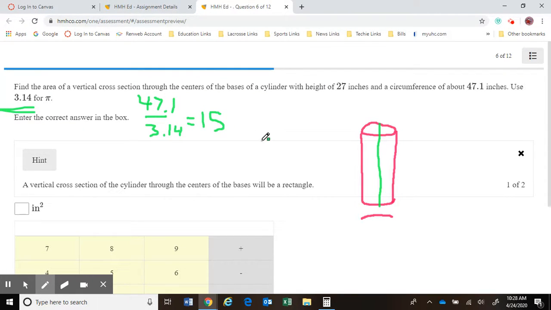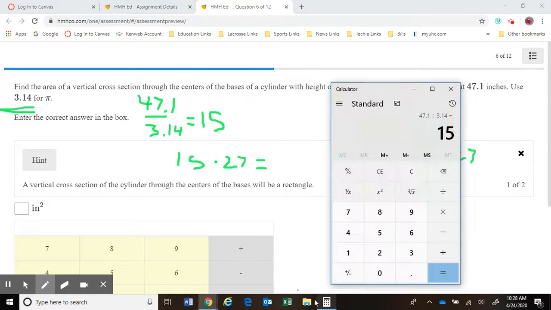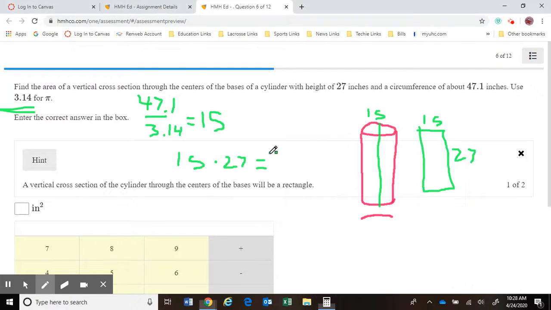So now I've got my two dimensions, 15 and 27. 15 is the bottom or the top. 15 is my rectangle, lovely rectangle. 15 is here, 27 here, 15 and 27. And of course, 15 times 27 is 405.